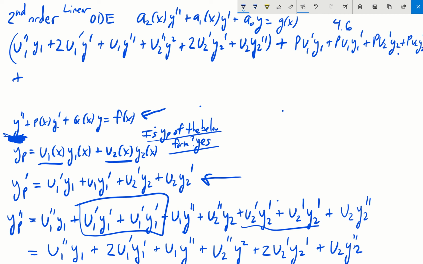So q times y would look like this: q u1 y1 plus q u2 y2, and then this whole thing should be equal to f of x.